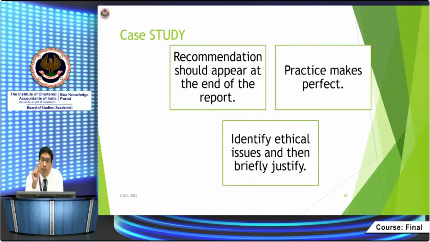The same thing happened in the November 2020 exam. November 2020 exam was most similar, ditto similar, to the question given in the study material, but students failed to write the desired answer. Why?